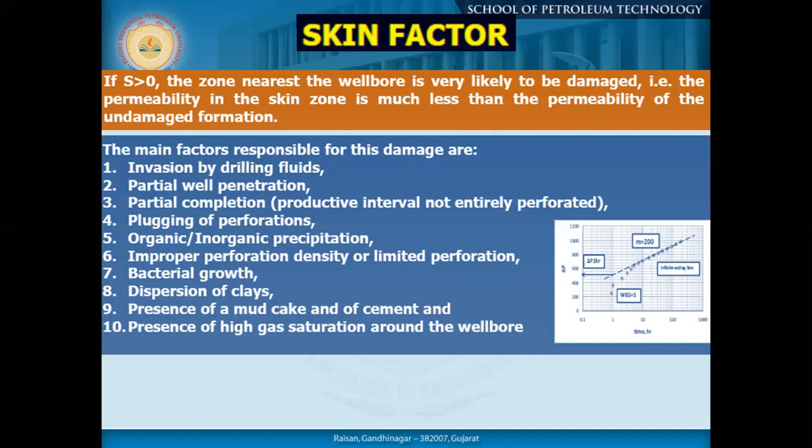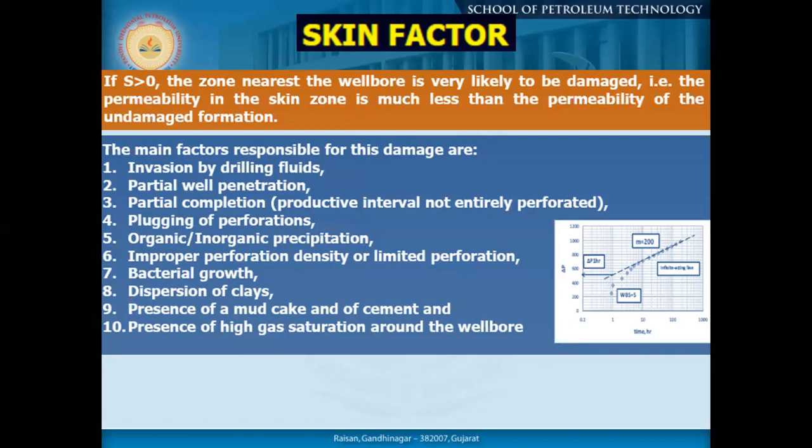Then partial completion. What is partial completion? Anybody? If your pay thickness is more and you perforate part of it, that is called partial completion. And plugging of perforations, that means even if you perforate, due to some reasons all the perforations are not helping fluid to enter. That is plugging.